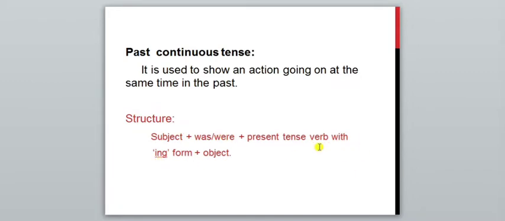I was reading a book. It's an object. So the sentence structure of past continuous tense is subject, was/were plus present tense verb with ing form plus object.